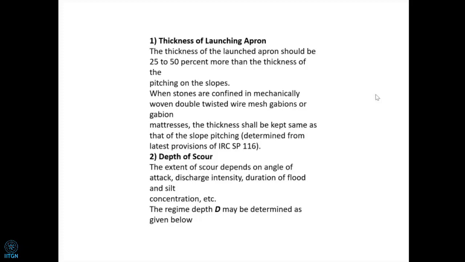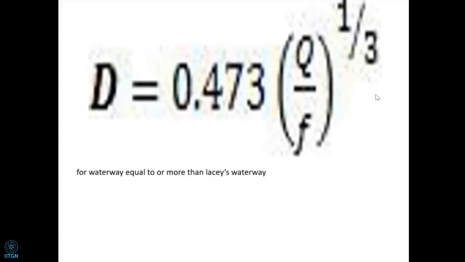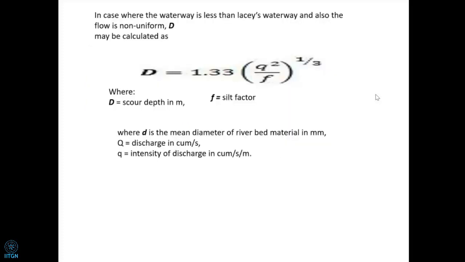Okay, the depth of the scour you have to calculate. As I told you, you can always do that. It's simple engineering. Once you calculate the depth of the scour, where Q is the quantity of flow and F is the silt factor, use the formula. You calculate the depth of scour, and the slope.